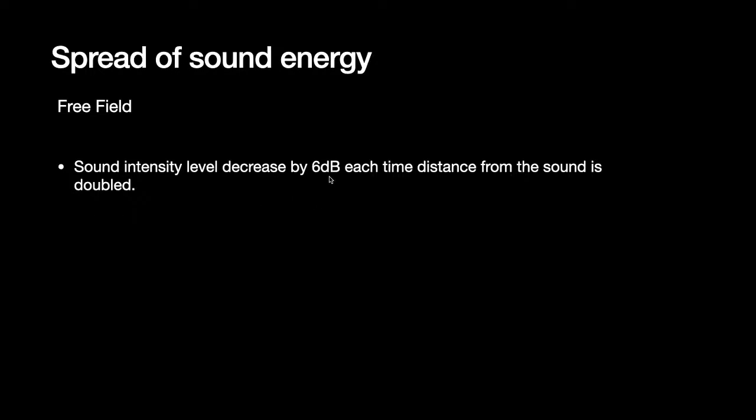So if at some point sound intensity is, say, 46 dB, and you get away from the source by doubling the distance between you and the source, it will drop 6 dB. So do remember that, they are very handy. At 1 meter, it is an 11 dB drop. At 2 meters, it's a 17 dB drop.